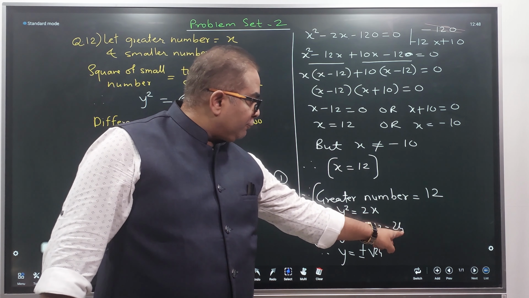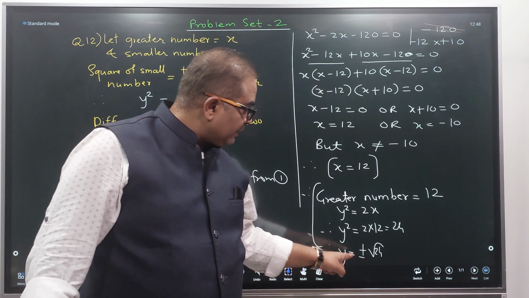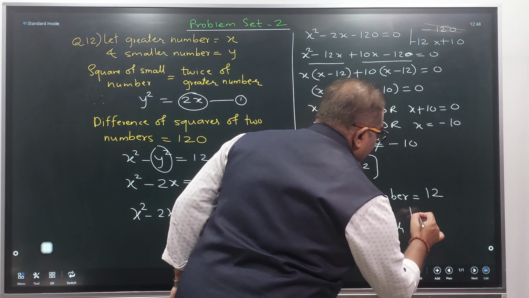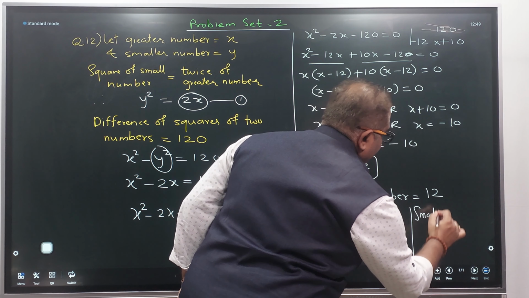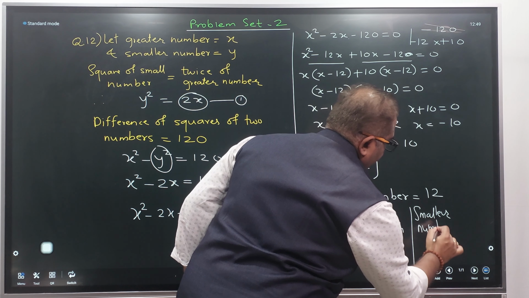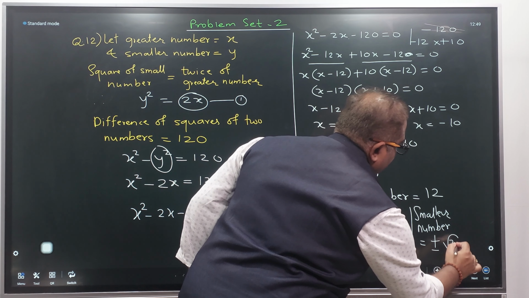Y square is 24, so y is equal to plus minus square root of 24, correct? What is y? Y is the smaller number. So I will say, therefore, the smaller number is plus or minus square root of 24.